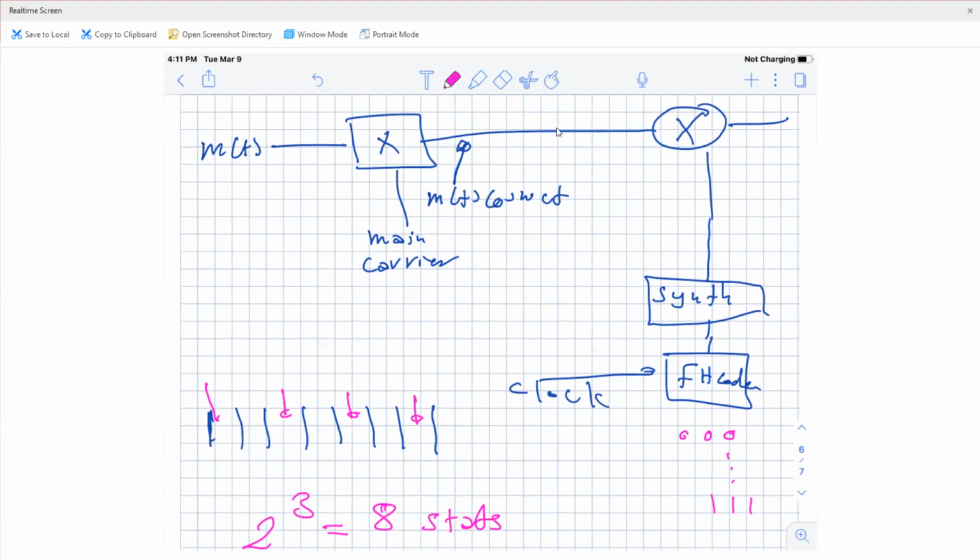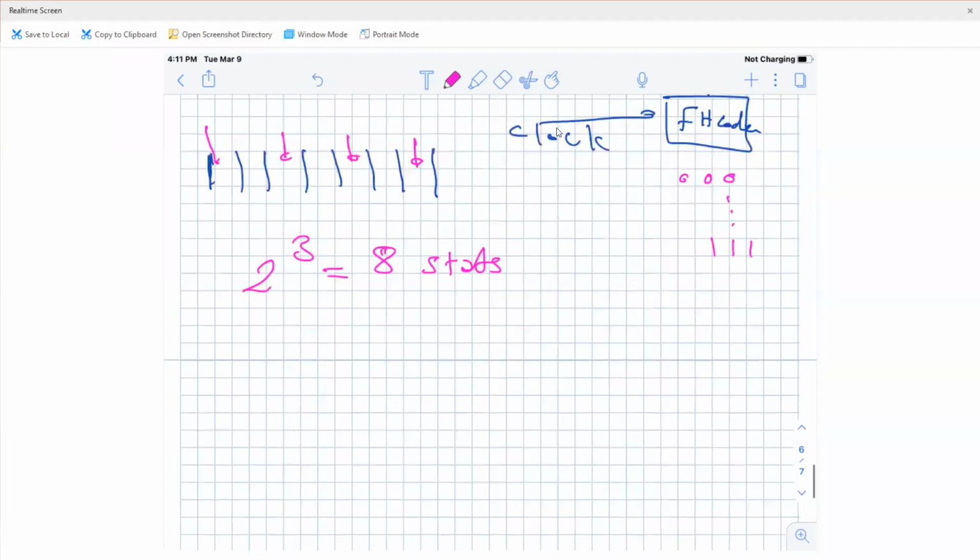Now, when, for example, the code is 100, at that time the synthesizer will generate a cosine signal of 2 pi delta f t. So 100 will be cosine 2 pi delta f t.